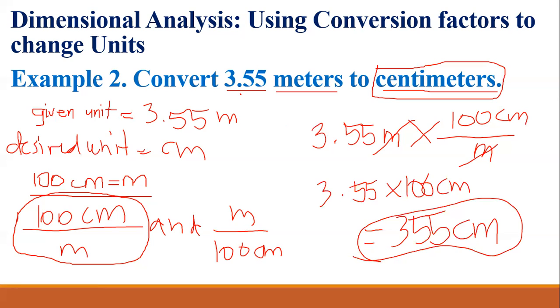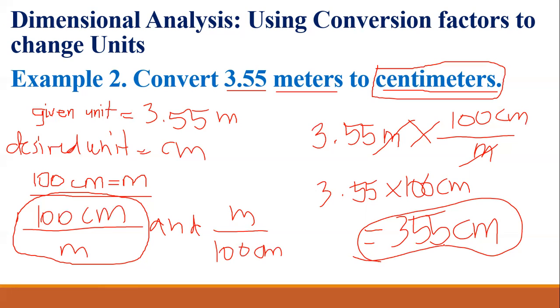So 3.55 meters is equivalent to 355 centimeters. Note that the unit that remains uncancelled becomes the unit on the calculated quantity. Step 6 in dimensional analysis: apply the correct number of significant figures to the calculated quantity.